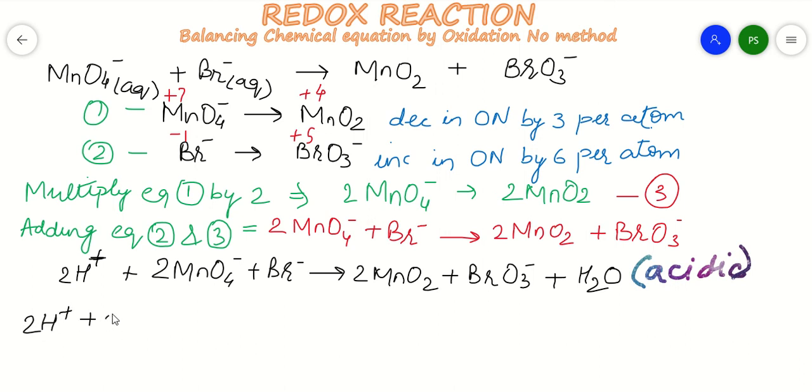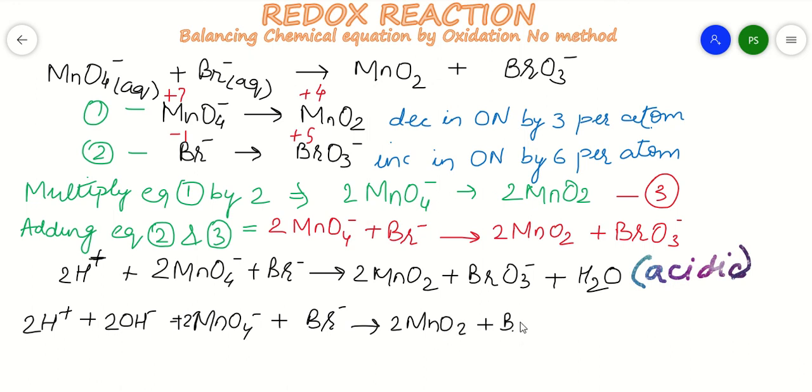I will take 2 hydroxyl ions and add them on both sides of the equation. So this is how it is happening in my equation.